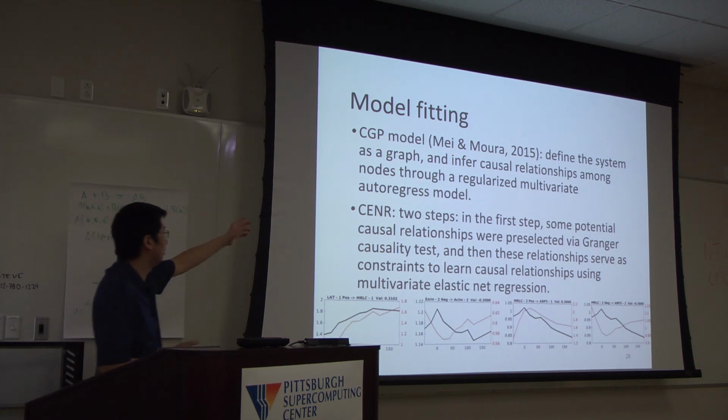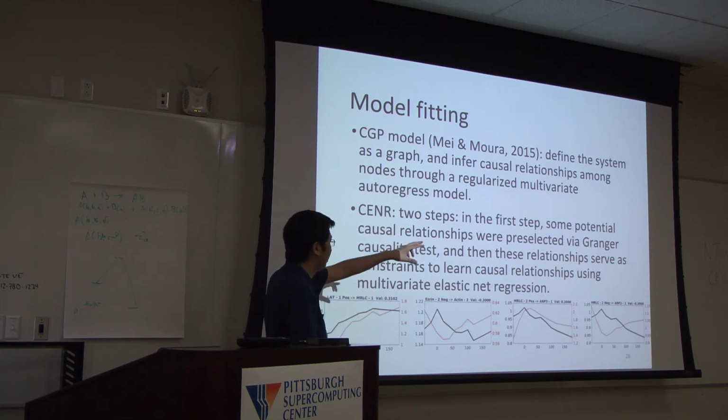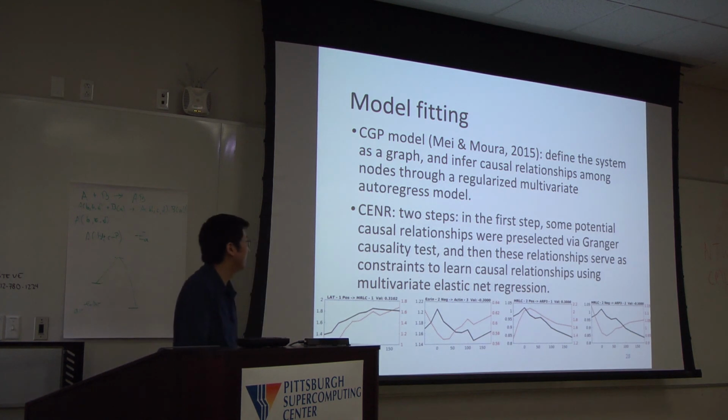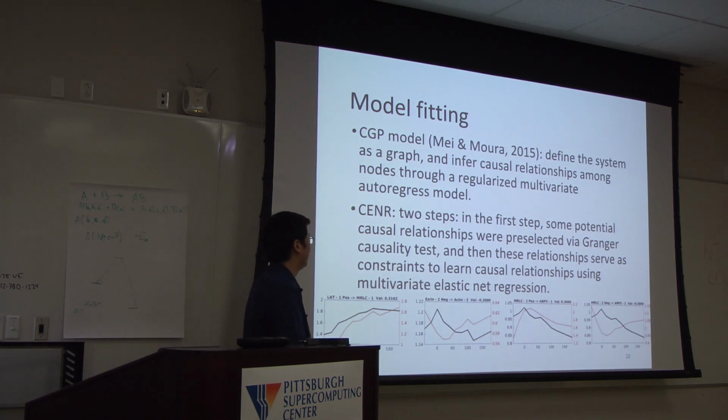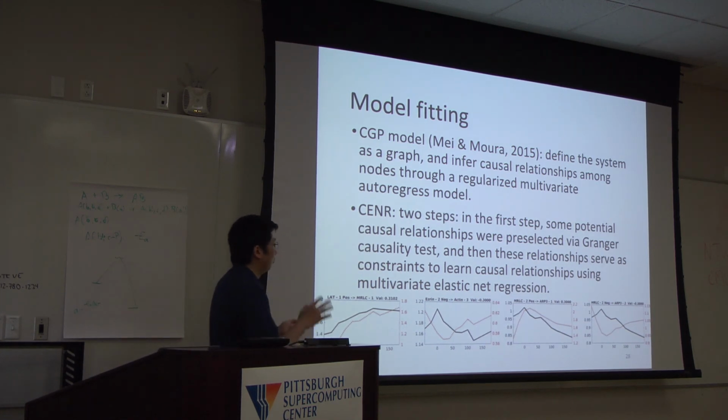And another method is called the constrained elastic net regression method. It has 2 steps. In the first step, we pre-select some causal relationships by the Granger causality test. This is a very famous causality test. And then after that, we use these causal relationships as constraints to learn all other relationships.